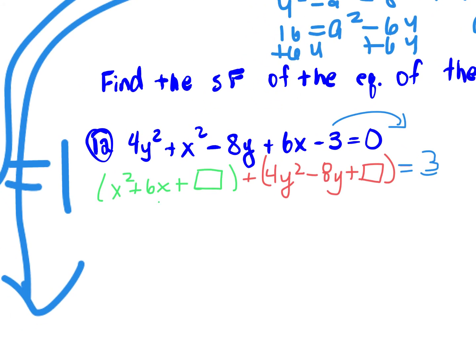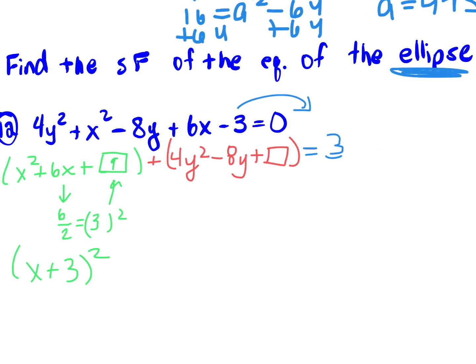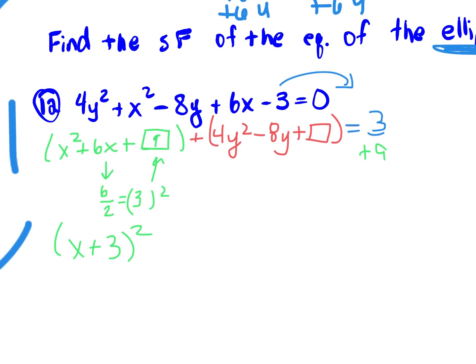So when we complete the square, we're going to start right here. I'm going to take my b term, 6 divided by 2 equals 3. So I know my binomial is x plus 3 quantity squared, and when I square 3, that becomes 9 right here. If I add 9 to one side, then I'm going to add 9 to the other side. Now we're going to do the same thing with the y's, but the only thing is I want that y coefficient to be 1.